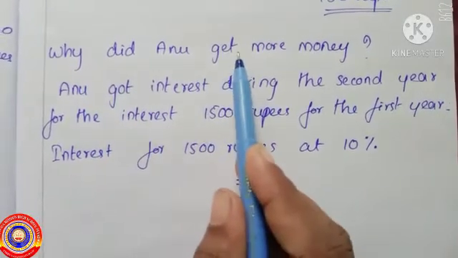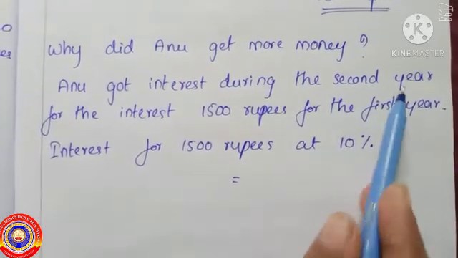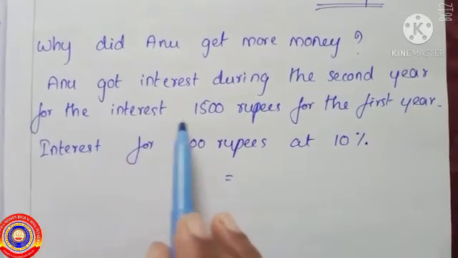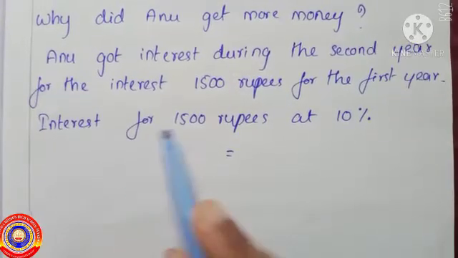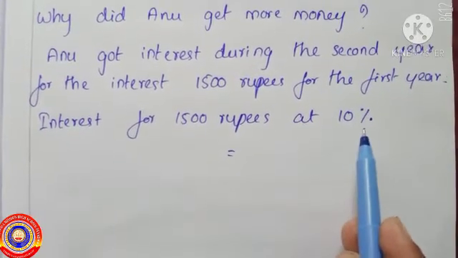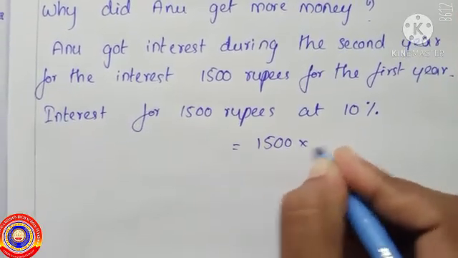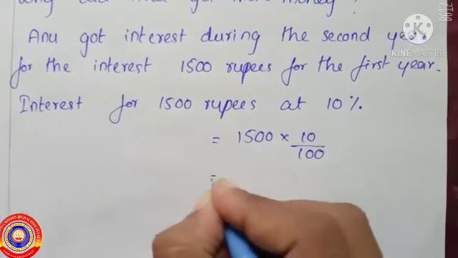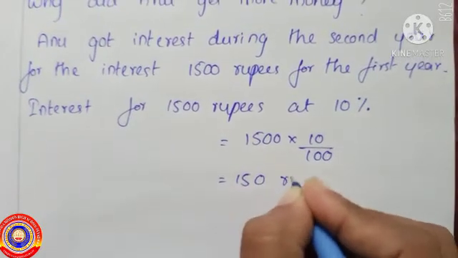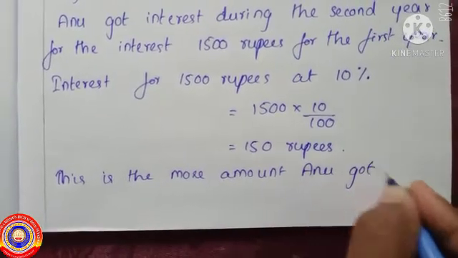Why did Anu get more money? Anu got interest during the second year. For the interest, 1,500 rupees for the first year. Interest for 1,500 rupees at 10% rate is equal to 1,500 into 10 by 100. That is equal to 150 rupees. This is the more amount Anu got.